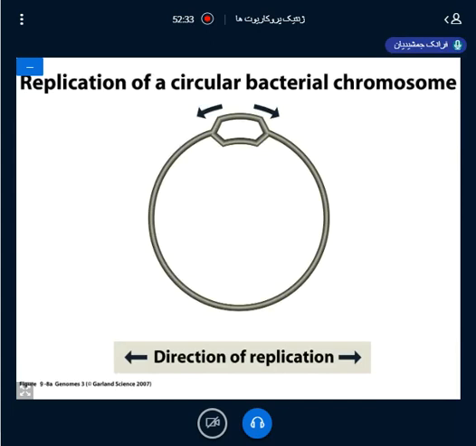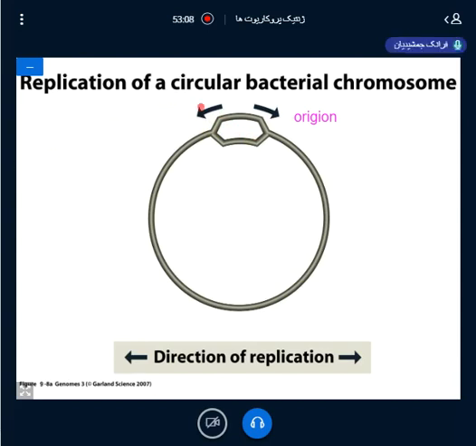Okay, let's talk about replication of the bacterial chromosome. In the bacterial chromosome, look at this. The replication starts from the origin site. So we have one part which is the origin.